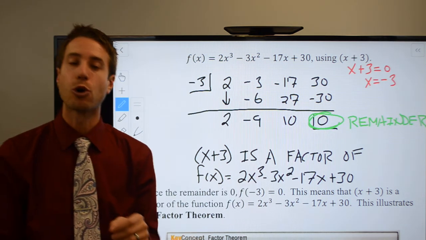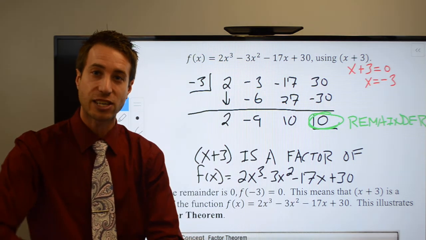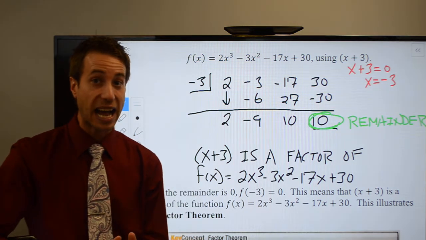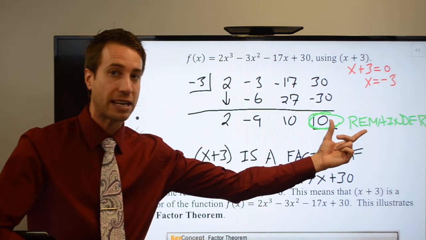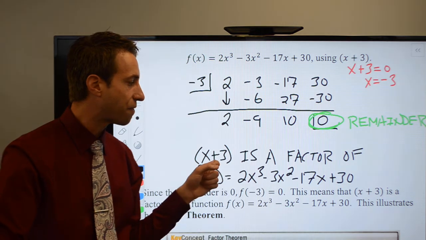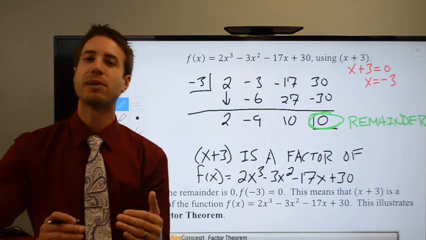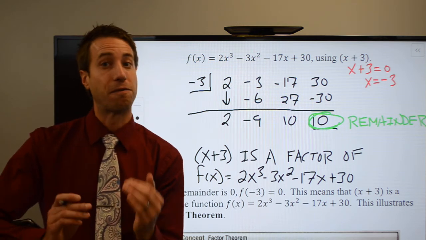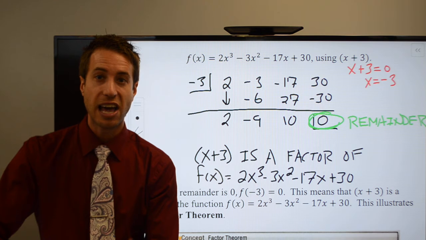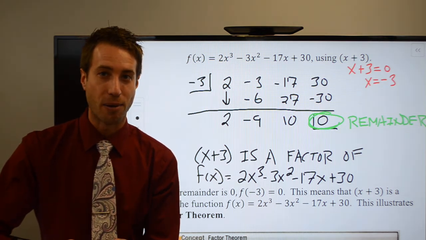So what we're now going to do, the second objective or learning target here in this section, is to use this idea, that we can do synthetic division, and if I get a remainder of 0, I have just found a factor of the polynomial, to help us get another method for factoring polynomials and finding the zeros or the x-intercepts of that polynomial.